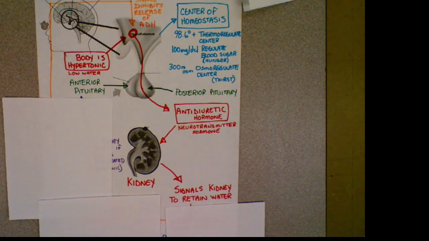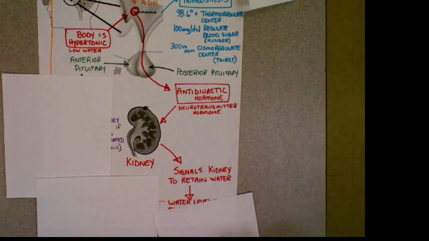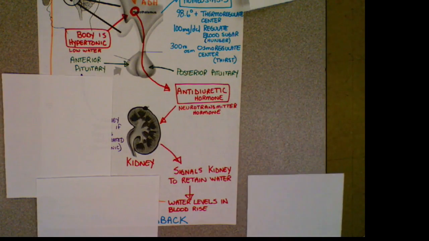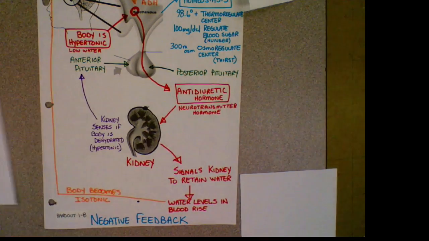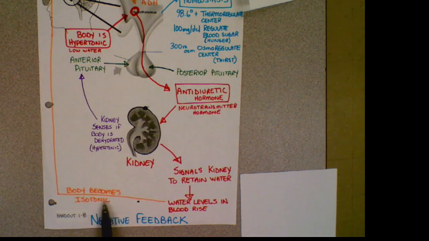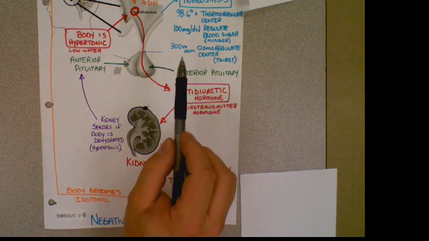All right. Now, I got to raise this up a little bit more, but when that occurs, the water levels in our blood rise. All right. And that's going to bring our body back to a balance that we call isotonic. So this balance makes us more isotonic, which means we are closer to the balance.